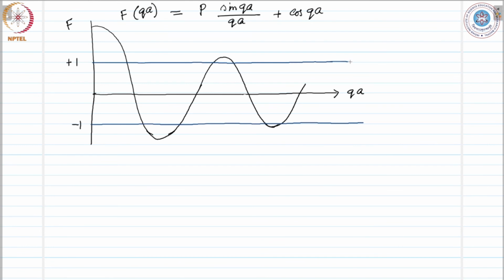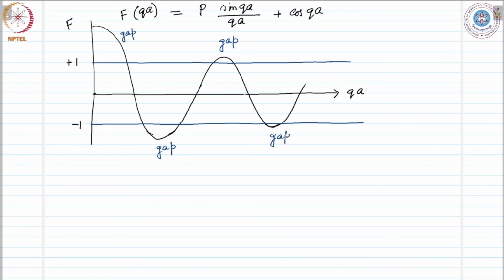Which leads to a gap here. There is no acceptable solution. A gap here, a gap here, and so on. So if we move higher on qa, there would be smaller gaps, and after a certain value there would be no gap. The gap will not exist anymore.